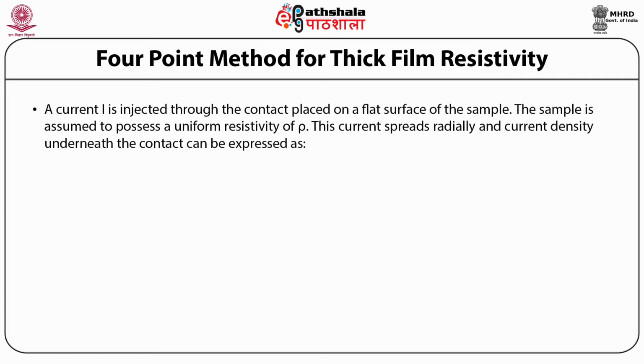A current I is injected through the contact which is placed on a flat surface of the sample. The sample is assumed to possess a uniform resistivity of ρ. This current spreads radially and the current density underneath the contact may be expressed as J = I / 2πr² into r-cap.